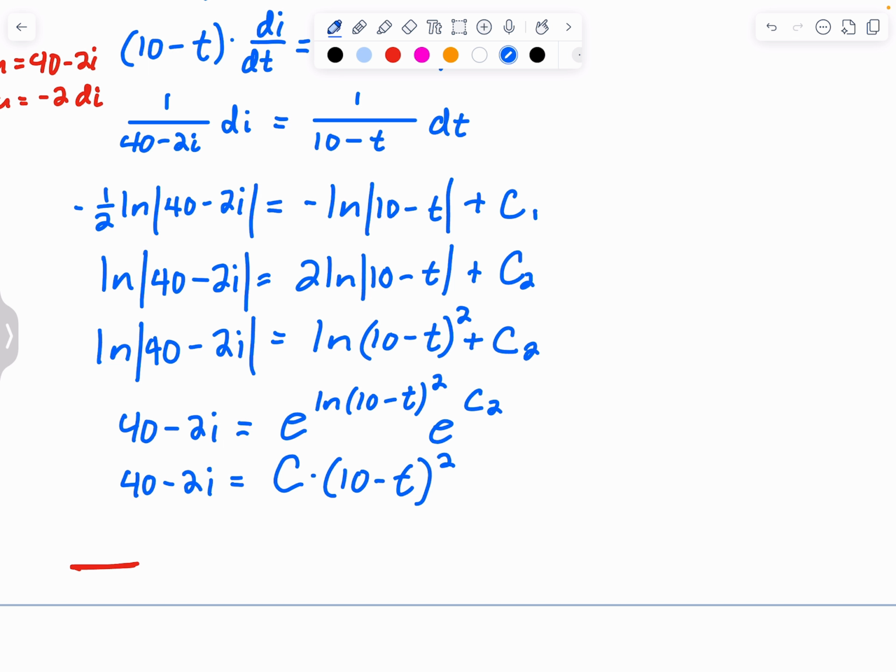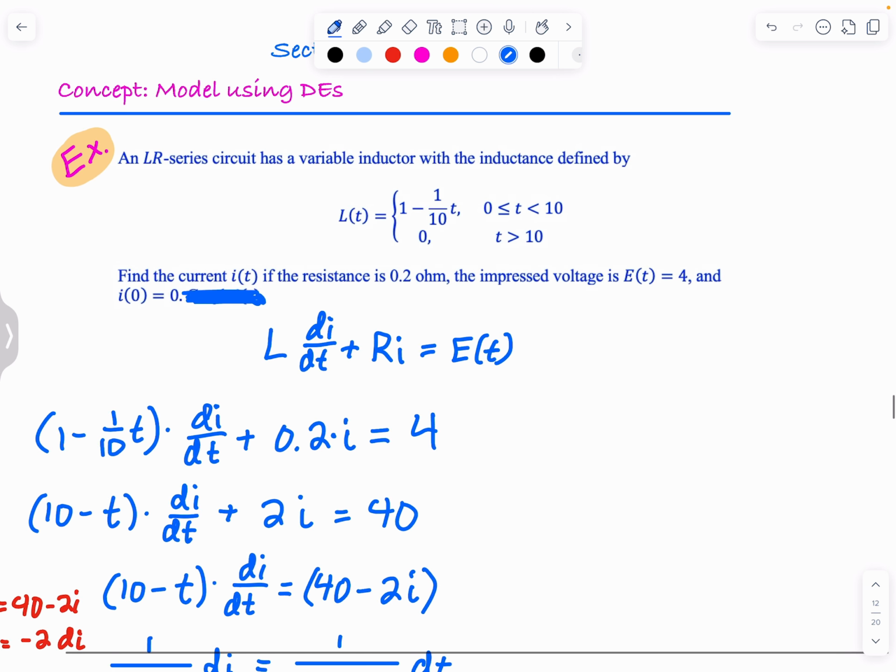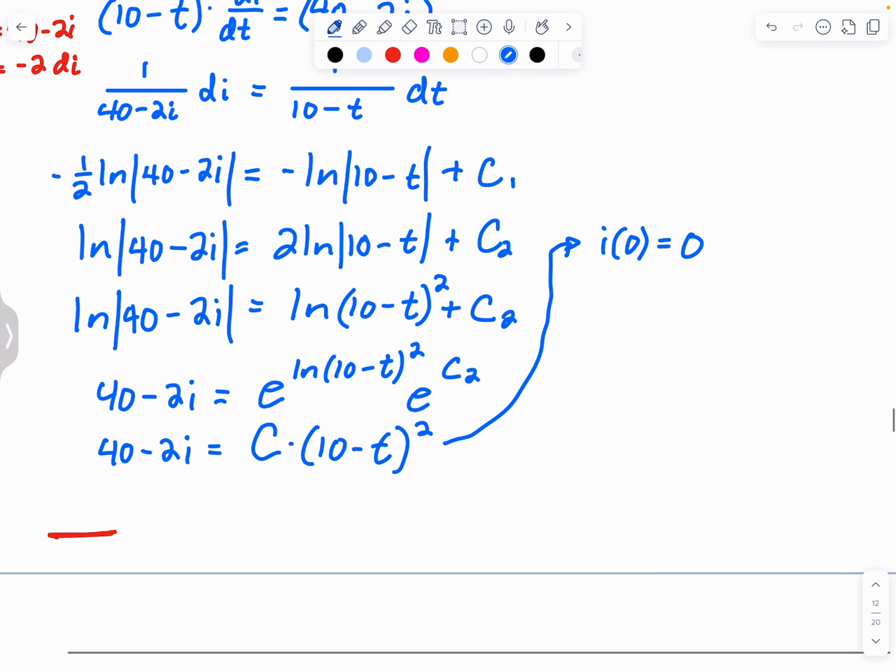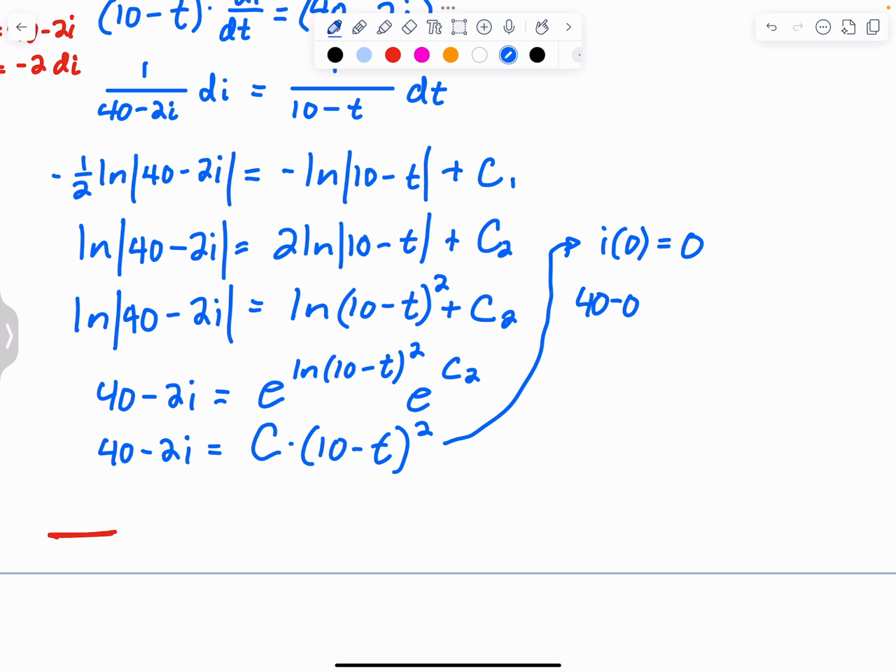Remember, I is our function, so I could solve for I, or I could use that to find C. Let's just go ahead and use it to find C. They gave me an initial condition. They gave me that I of 0 is 0, right? They gave that just directly there at the very end. So if I plug in 0, I get 40 minus 0 equals C times 10 squared.